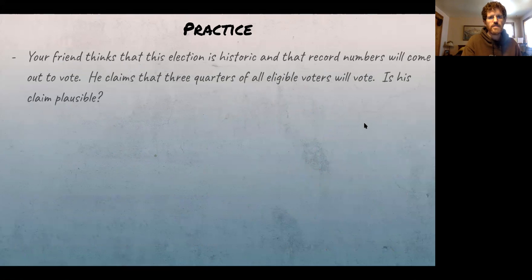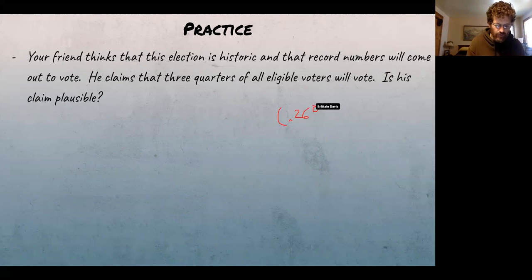All right, so let's look at this. We just wrote that down. Hopefully you still have it. Your friend thinks that this election is historic and that record numbers will come out to vote. He claims that 3/4 of all eligible voters will vote. Is his claim plausible? And what I meant, I hope you wrote, here's the confidence interval.